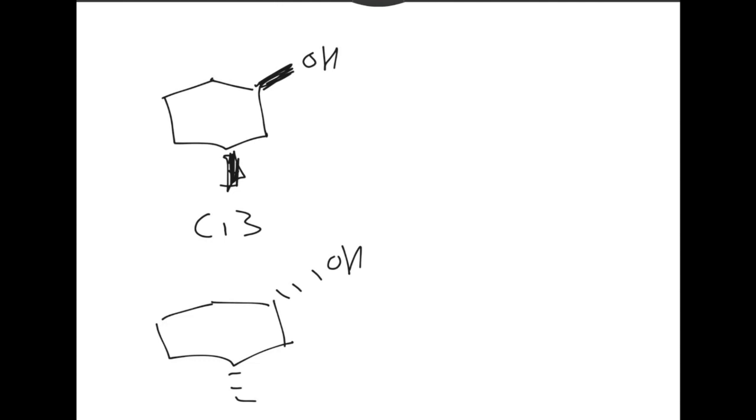What you know is they're on the same side. So you know they're cis, but you don't know if it's a wedge or a dash. You know them relative to each other, but you don't know absolutely if your OH is R or S. You just know it's on the same side as the methyl.